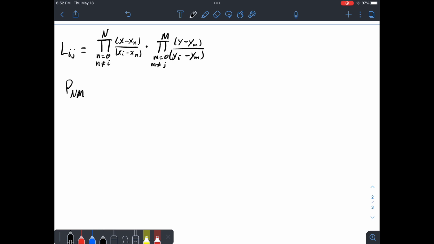Depending on the number of points we have, it'll actually be an n plus 1, m plus 1 degree polynomial, but it's not exactly important here. I'm just using this to show that we have 2 dimensions in our polynomial and they might be different. So we're going to have the sum of all of the m's and n's.